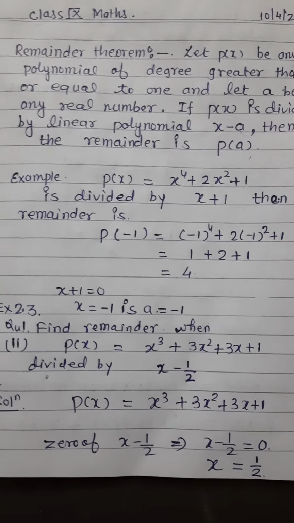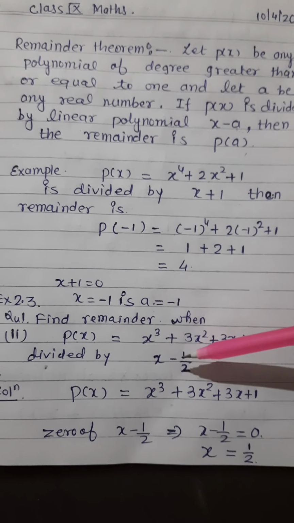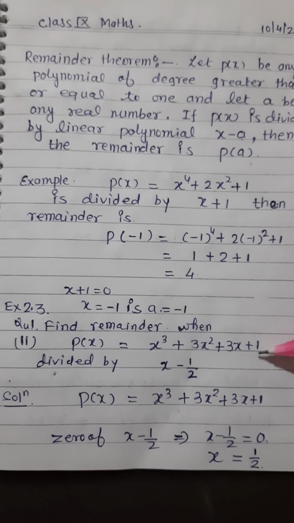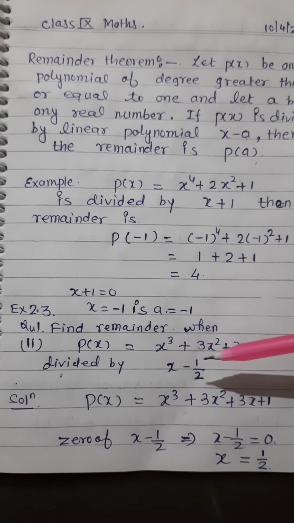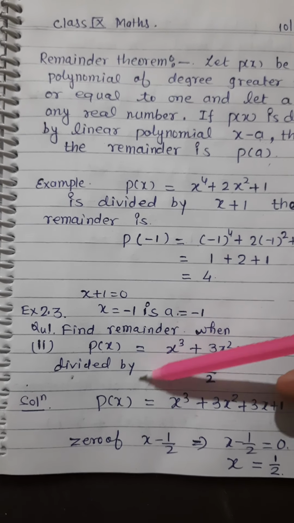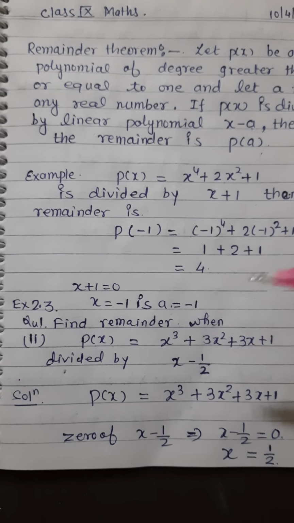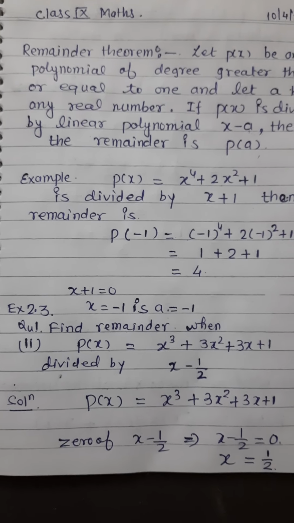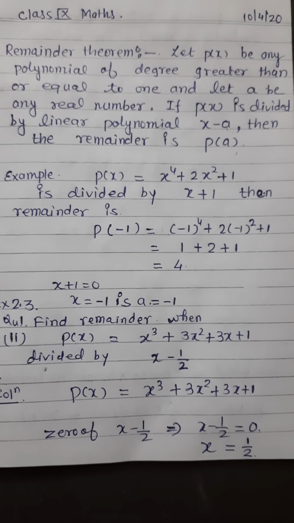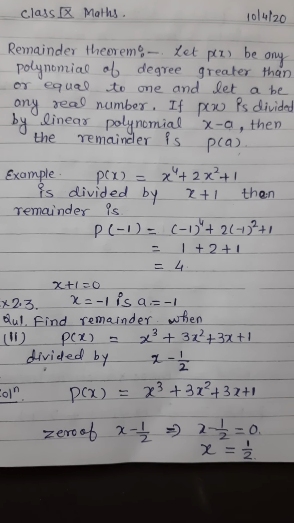So if this polynomial p(x), x to the power 3 plus 3x square plus 3x plus 1, is divided by x minus 1 upon 2, then what is the remainder? So with the help of the remainder theorem we can directly find our remainder. First we have to find a.